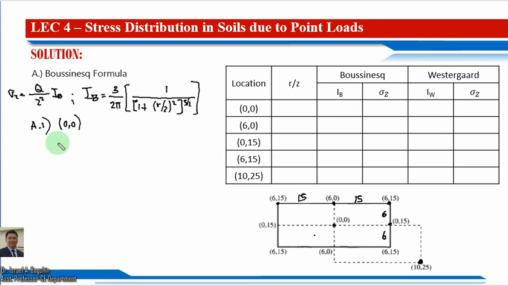Therefore our r here is just equal to 0. Why? Because there's no radial distance, since the load is acting directly above this 0 and 0 coordinate.